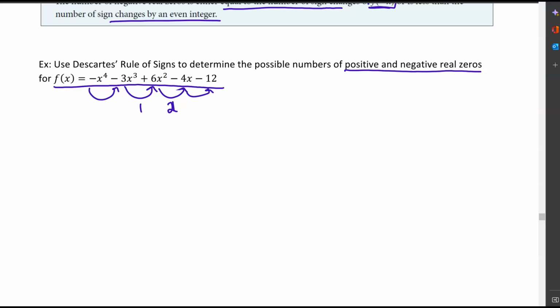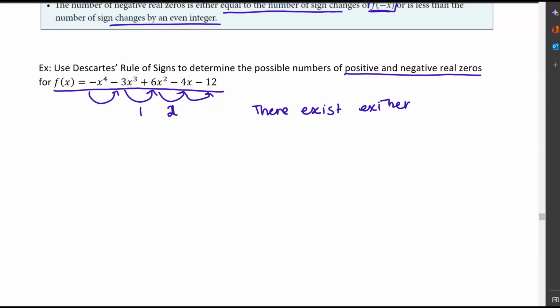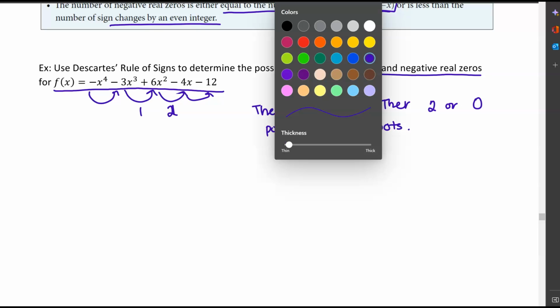So this means that there exist either 2 or 0 positive real roots. So where did these numbers come from?